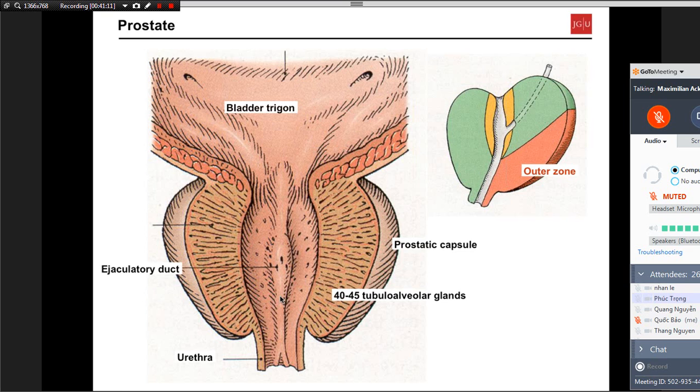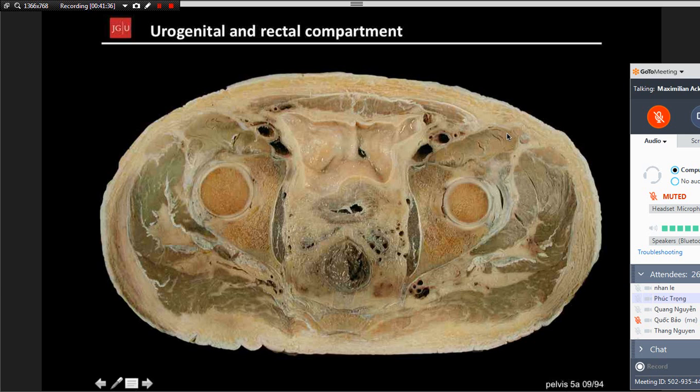For the prostate, we have different zones: the outer zone, the inner zone, and a periurethral zone, which encircles the urethra itself. They can have a hypertrophy in elderly patients, which then closes the urethra itself. This is how it looks in the urogenital rectal compartment: this is the bladder, and everything is very close together here.